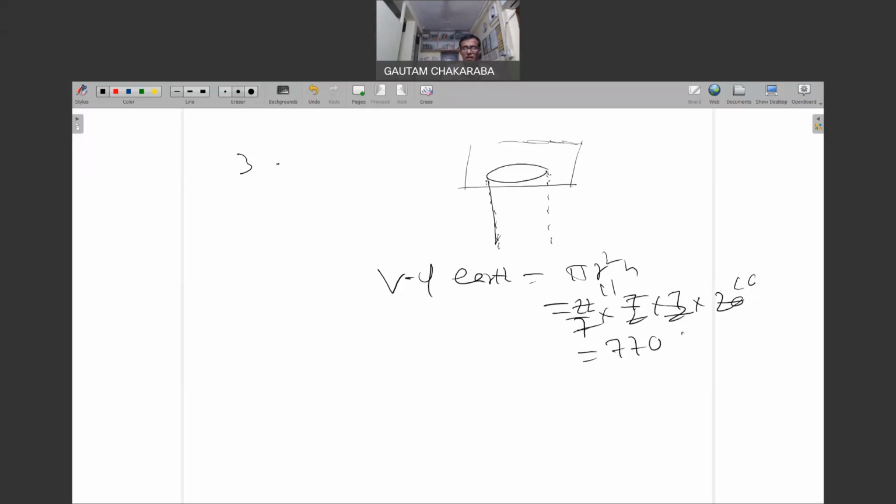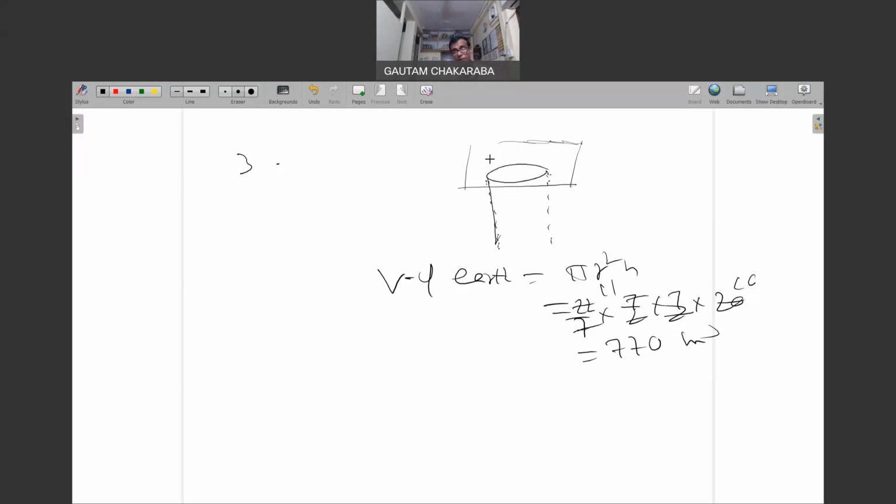That gives 770 meter cube. Now platform length is given, and the earth is spread out to form a platform.